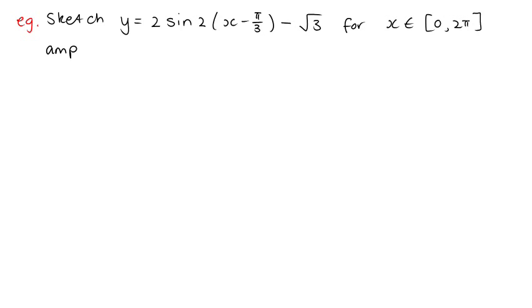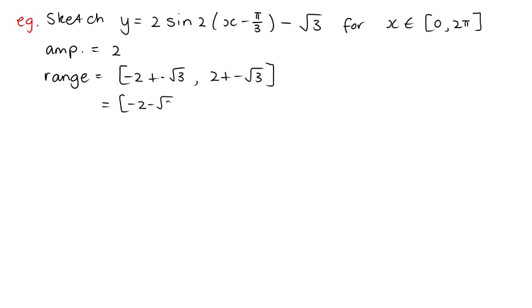Right, so amplitude, what is it? Good. Range? Negative amplitude plus negative root 3, and positive amplitude plus negative root 3. So that gives us negative 2 minus root 3 and positive 2 minus root 3.